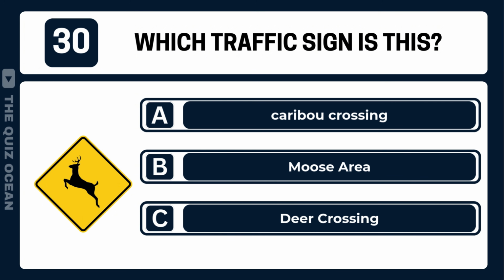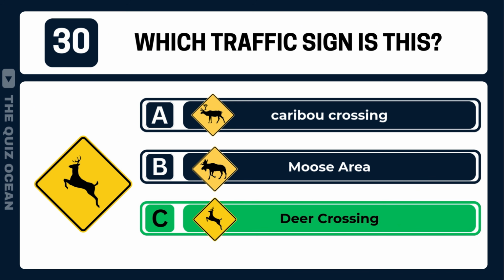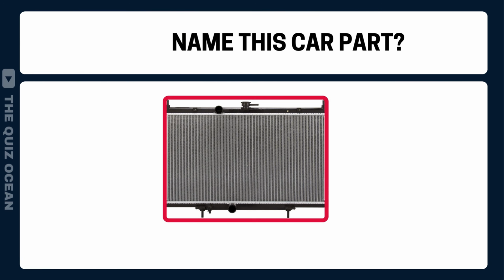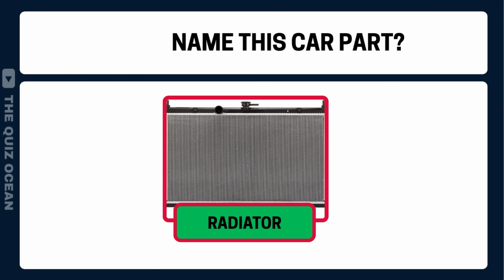The answer is C. Deer crossing. Name this car part. This is the radiator of a car.